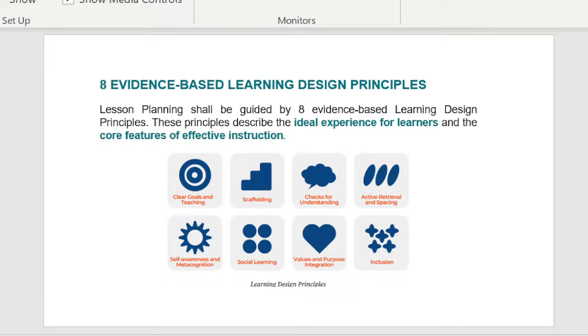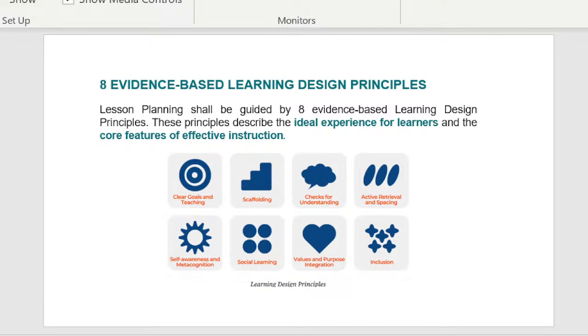Our lesson planning shall be guided by the 8 evidence-based learning design principles. These principles describe the ideal experience for learners, the core features of effective instruction.